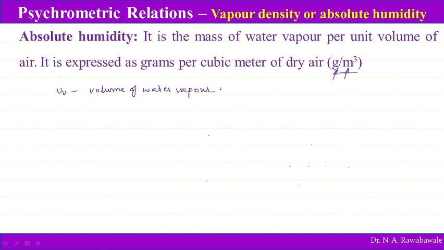in meter cube per kg. This is, in other words, the specific volume of dry air at its partial pressure.